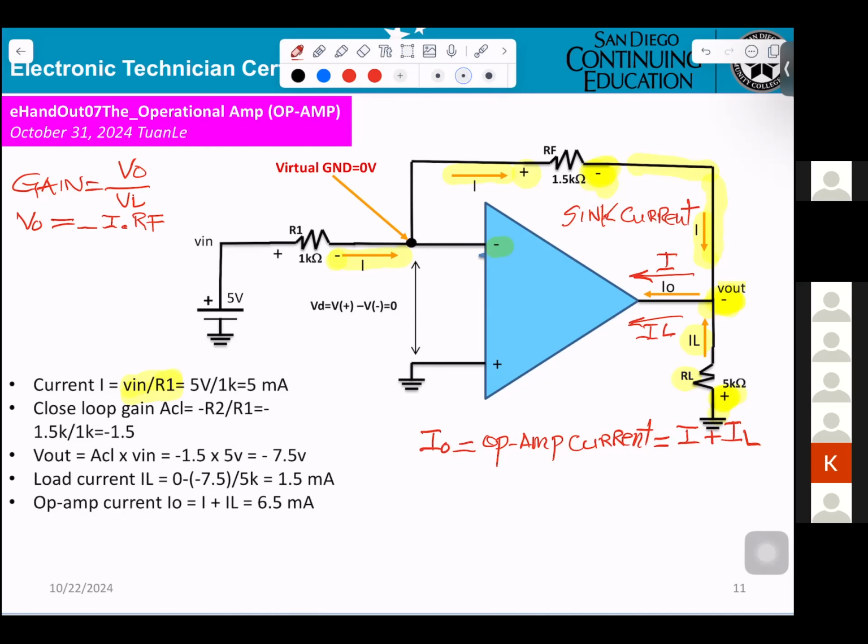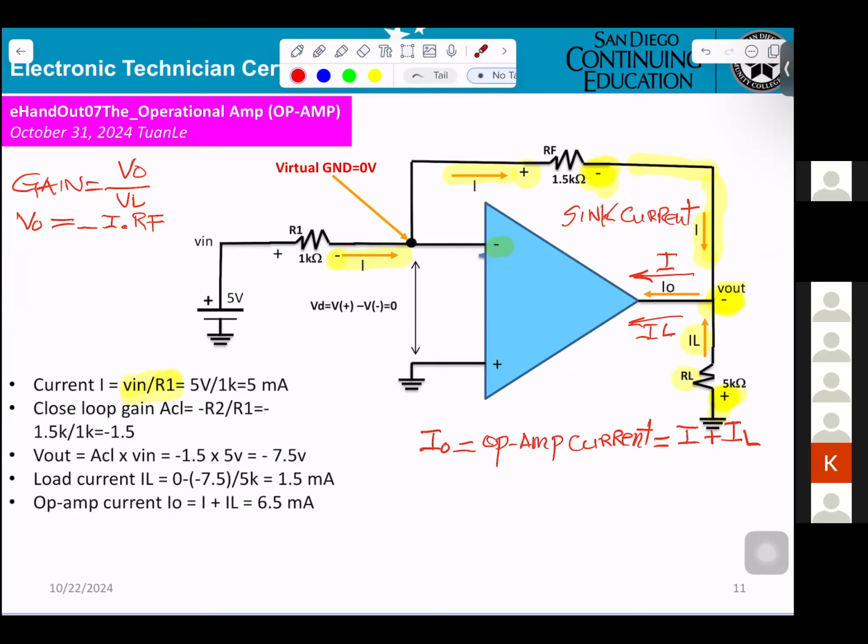Hey, can you show where that minus comes from one more time? The thing is here. You see that? This is negative, so that's why you get a minus. Correct. Okay.